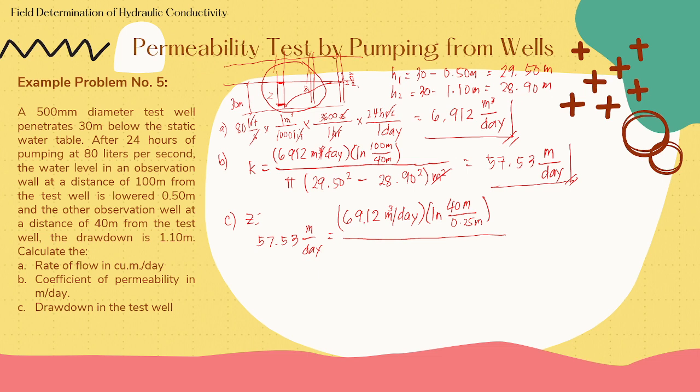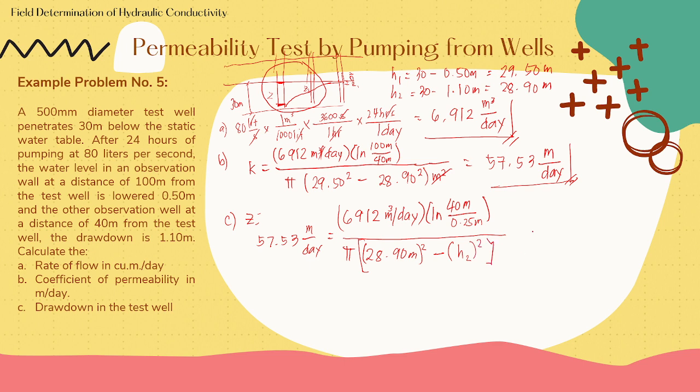And then all over pi times the 28.90 meter squared minus our h sub 2 this time.